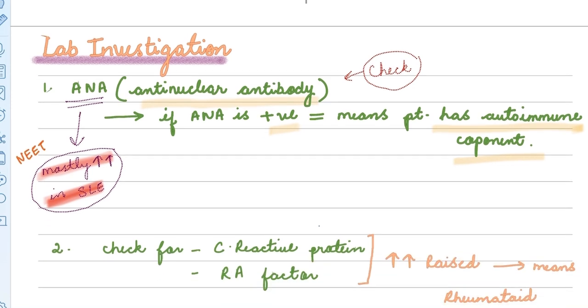Okay. This ANA, that is anti-nuclear antibody, is mostly increased in case of SLE. This is a very important question. It has been asked in NEET. So just learn this point: anti-nuclear antibody is raised mostly in SLE.